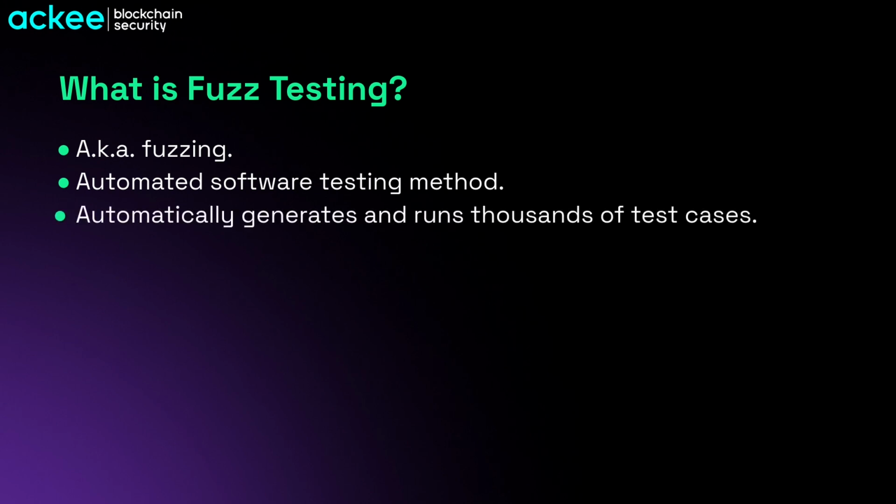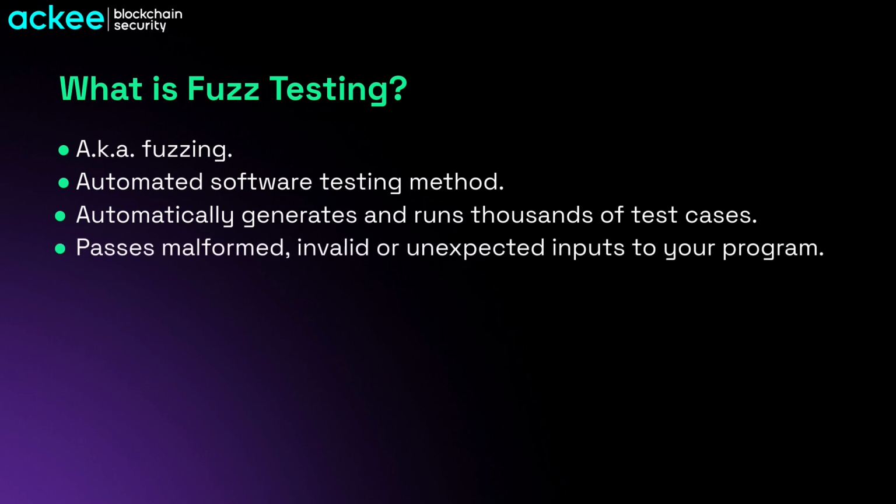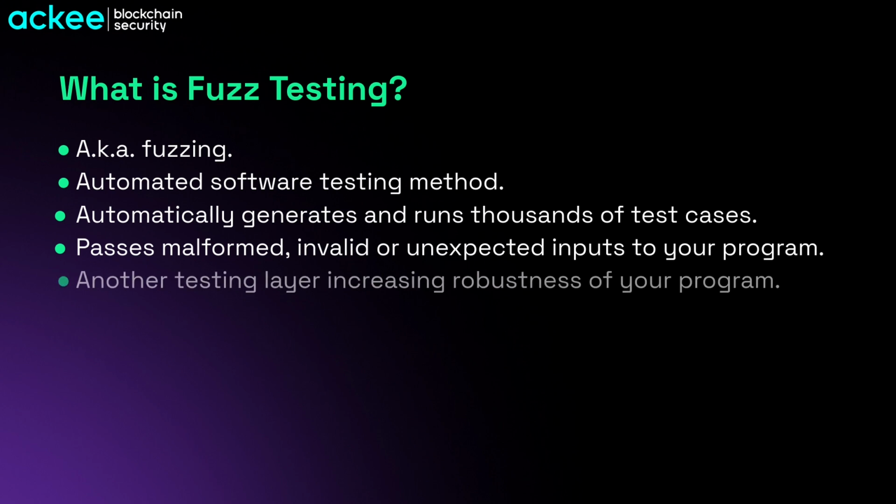But finally, the fuzzer automatically generates and runs, let's say, thousands or even tens or hundreds of thousands of test cases for you. And it does it in a way that it passes malformed or invalid or unexpected inputs to your program, and it basically tries to crash your program.